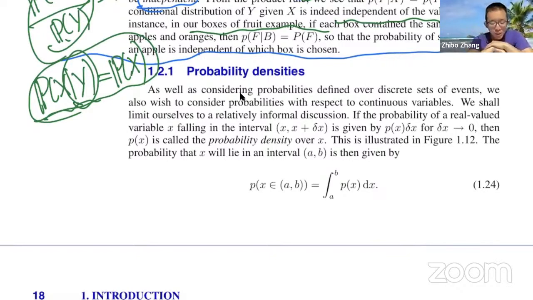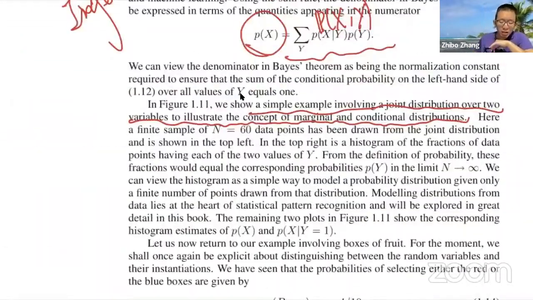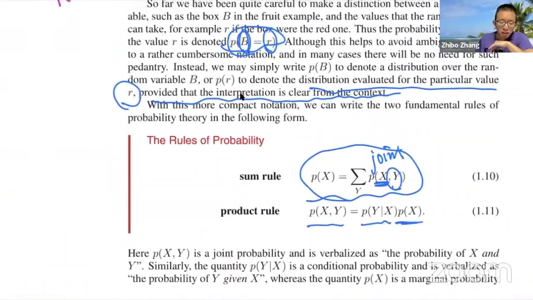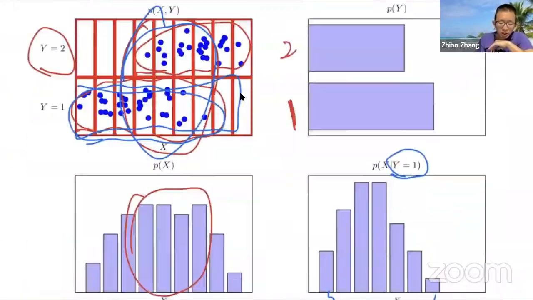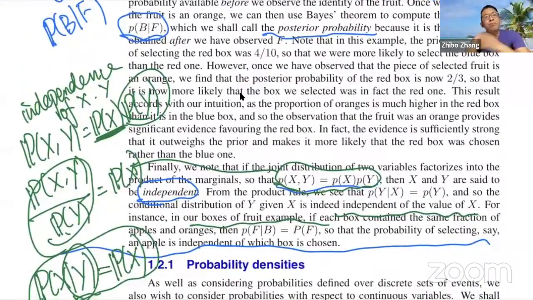But the case here is actually discrete. You have a discrete input space rather than a continuous input space, so it's something called a probability mass function. I should correct myself that it's not density.